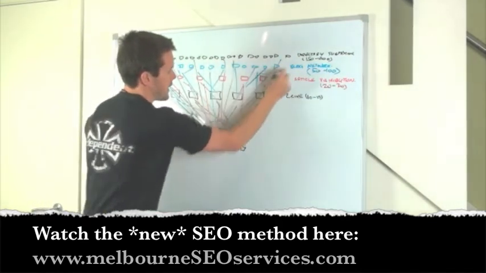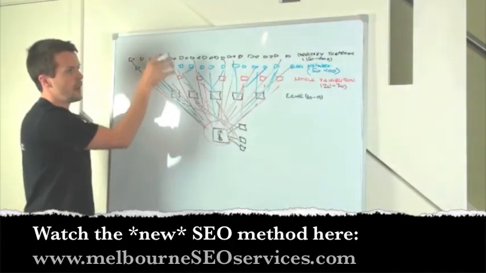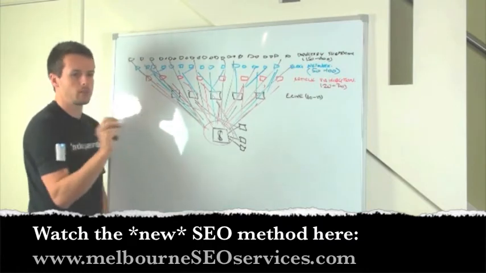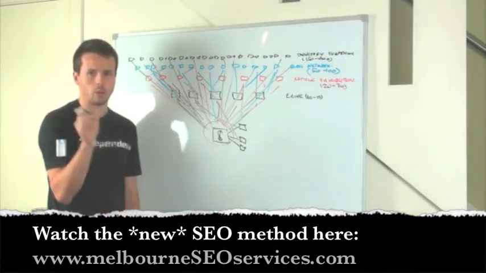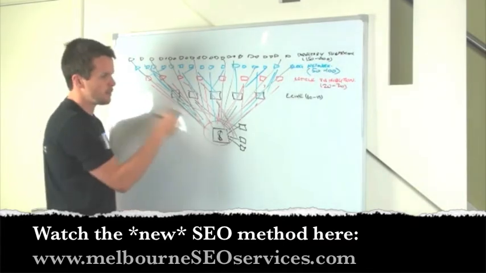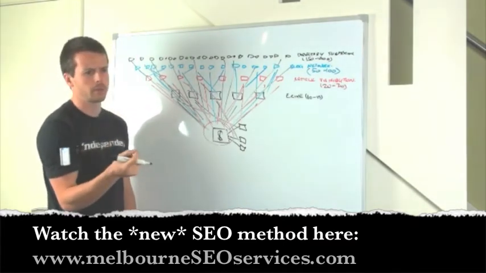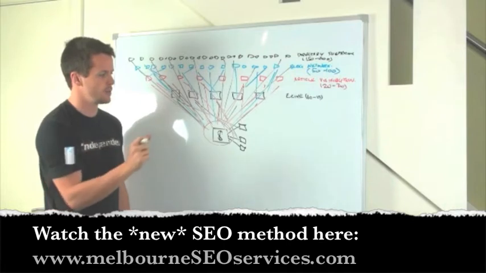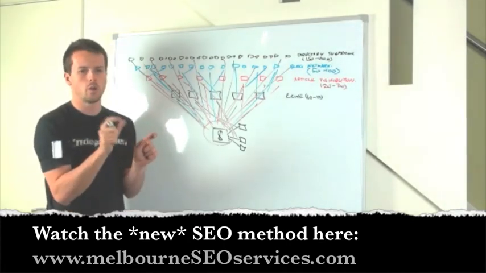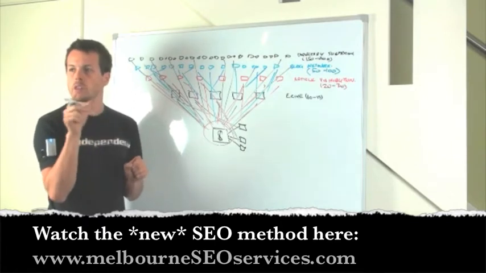So I'll just do that. They get fired down to the money site. And a lot of the times your link back to the money site will have the URL, so it'll be like www.yourdomain.com. The benefit being, which we talked about in one of the other SEO method videos, was that when you're having links to your website, you want to have a certain percentage of those with the URL in it.